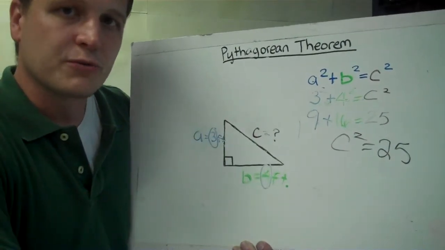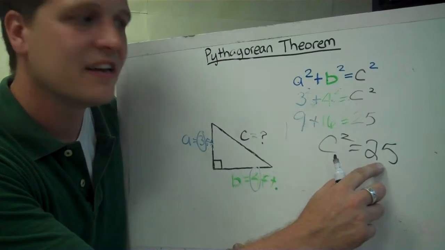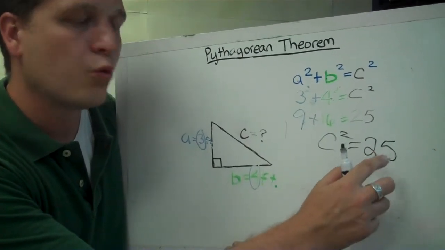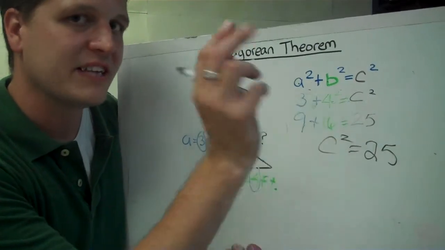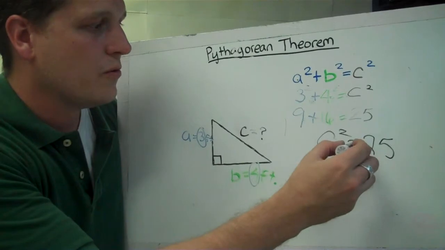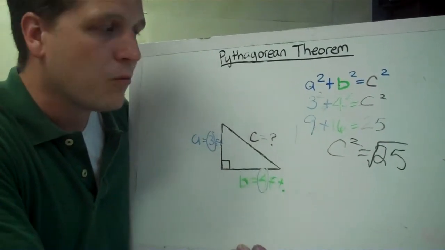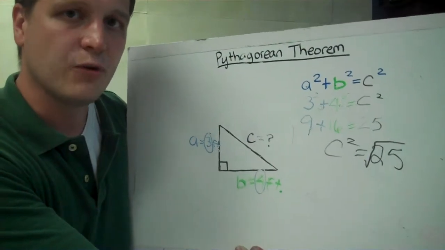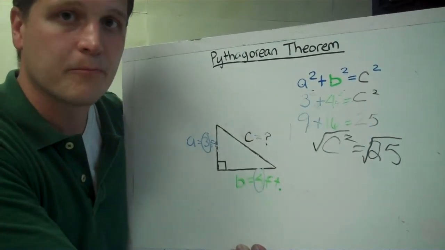So what we're going to do is take this number and find the square root of it. We're going to find two numbers exactly the same that multiply by each other to give us 25. We're going to square root here, and like any equation, what we do on one side, we have to do on the other. So we're going to square root this c squared, okay?